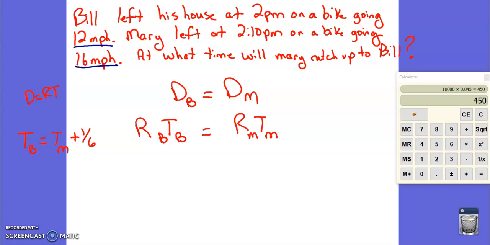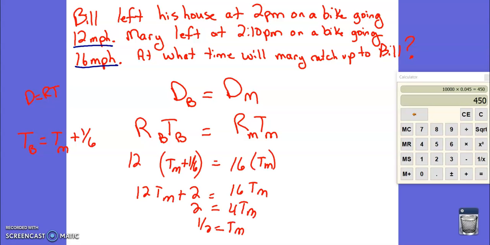So what we're going to do is a little substitution. I substituted in the rates, the speed of Bill and the speed of Mary, and I also substituted in this time for TB, the time of Bill, and then I just solved, using the distributive property.